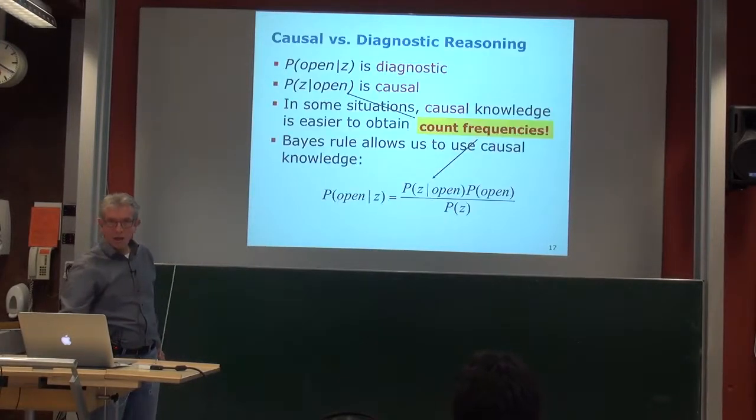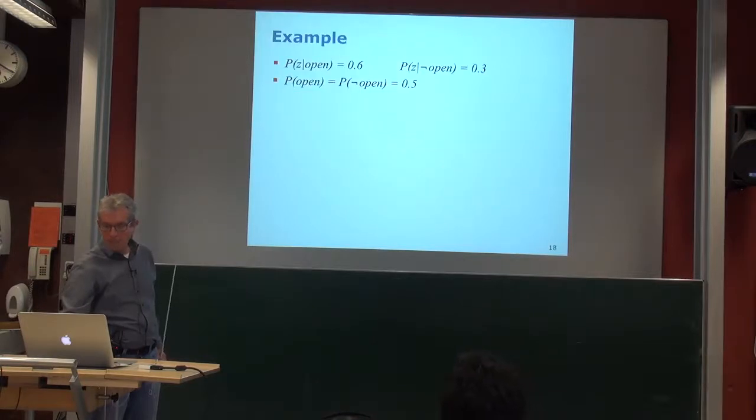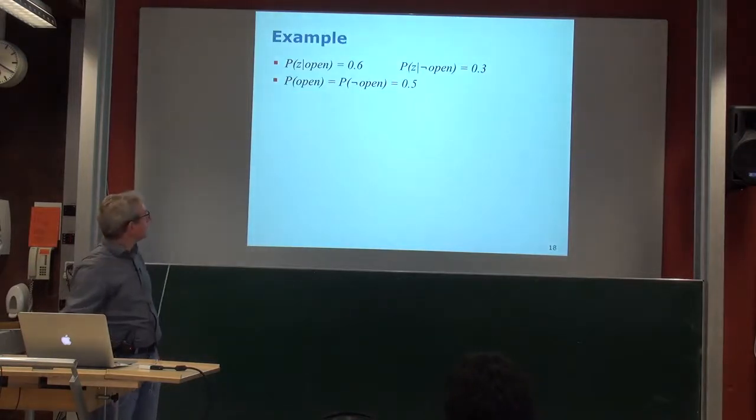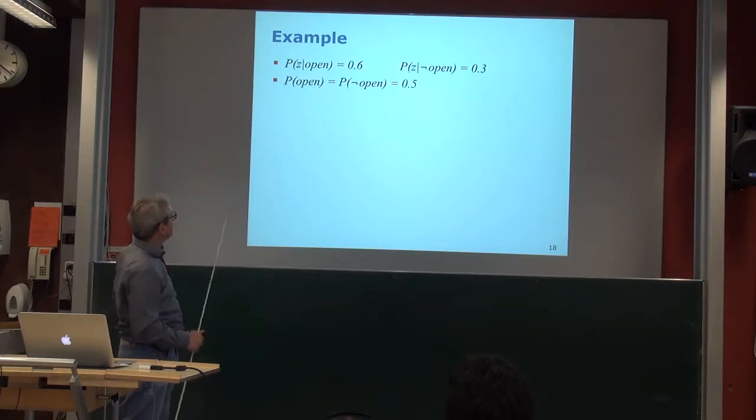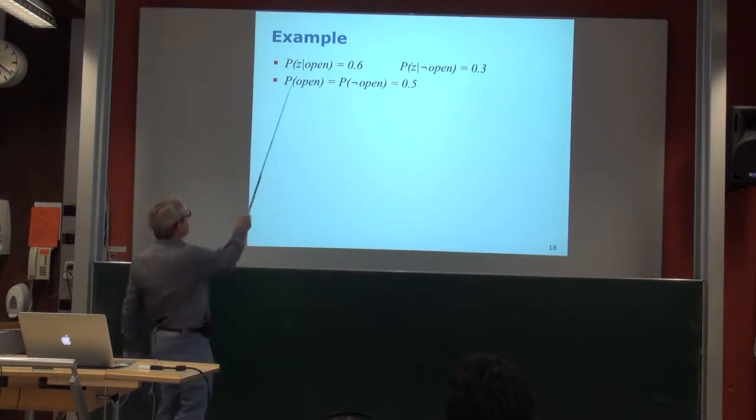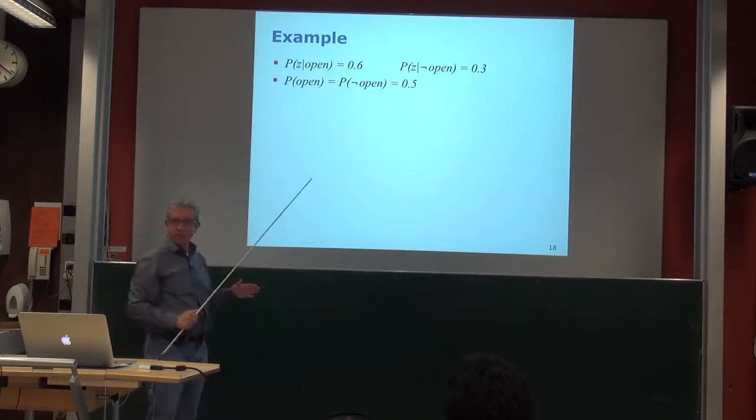Yeah? In the next one, the probability of z given open and the probability of z given not open shouldn't be 1? No, it's not. It's just typically less than 1, because you have 4 cases, right? And it doesn't necessarily need to be 1, because it needs to be 1 over all cases of z.